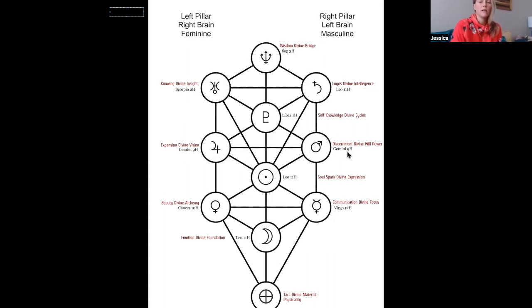And Mars is discernment, right? We're able to weed through where we are implementing our will force. And again, depending on what constellation and what house you have here, the challenges are going to be greater and greater, right?